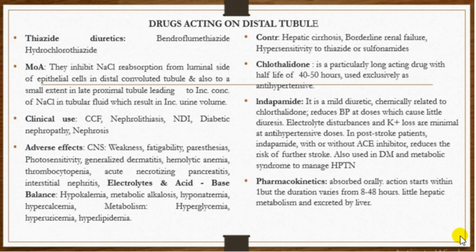And during this long-term treatment with thiazides, the heart rate and the cardiac output are not affected, yet we may have an effect on the total peripheral resistance, and so the total peripheral resistance will reduce. And once the total peripheral resistance is reduced, the diastolic pressure will also come down.